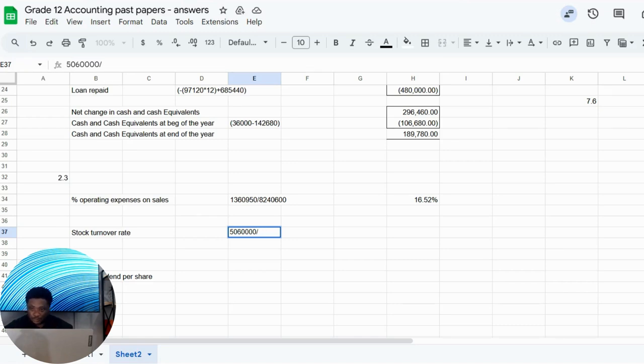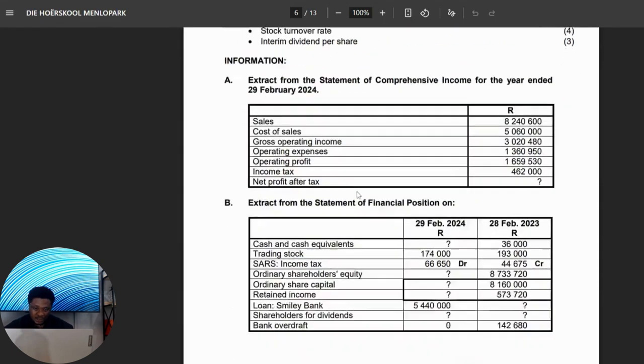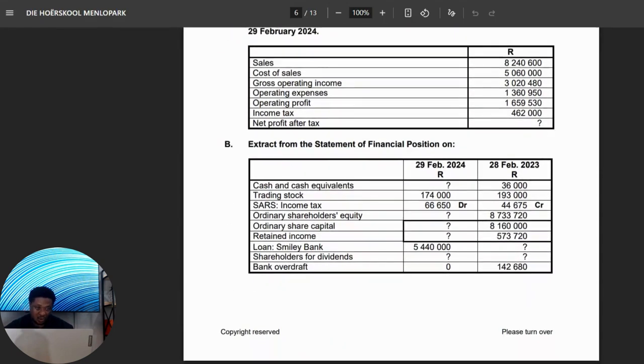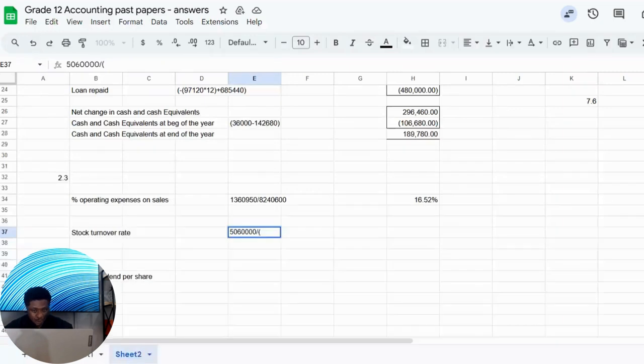So let's do it. We're going to say stock at the beginning. What is the stock at the beginning? Let's look at the information. 193,000 plus 174,000.